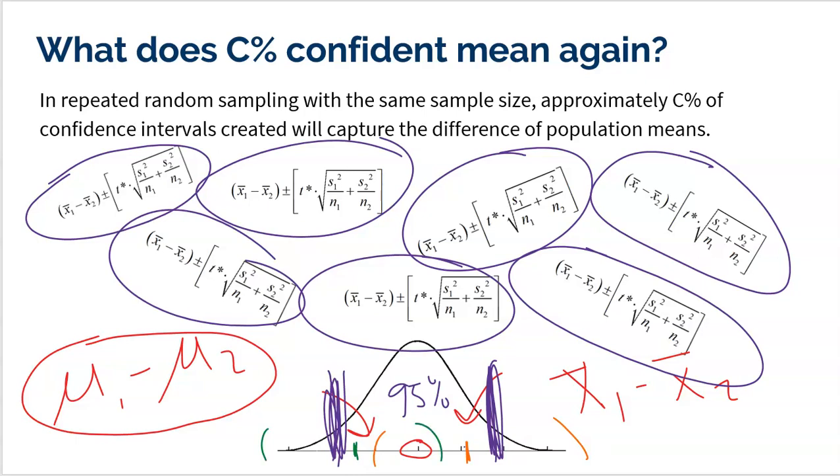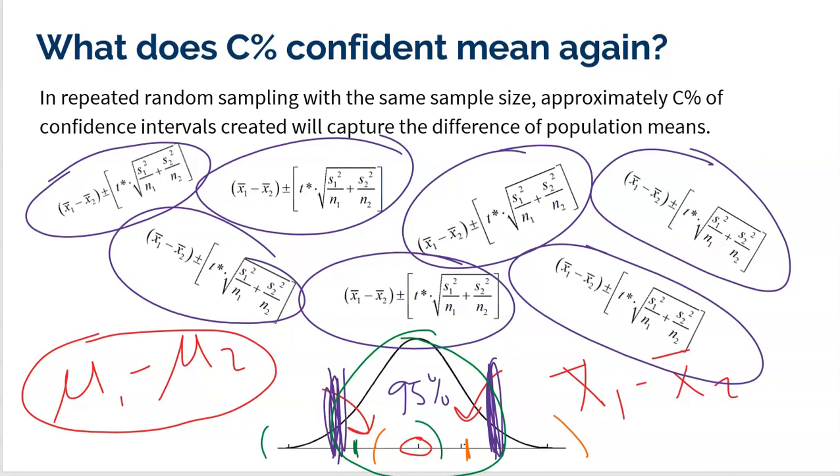So the idea is that, yes, you're finding one confidence interval based on your data, but you have to be aware of the fact that there are many, many other confidence intervals out there created from other samples. And of all those intervals out there, 95% of them will capture the truth because 95% of samples are supposed to be right smack dab in the middle. So that's what C% confidence means. This is really what it's all about here, guys. So please make sure you take the time to understand that.